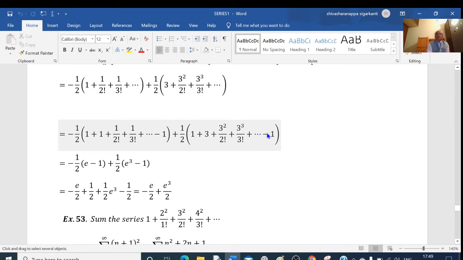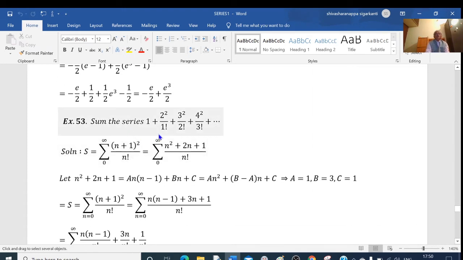This becomes e cube minus 1. So minus 1 by 2 into e minus 1 plus 1 by 2 into e cube minus 1. This is minus e by 2, minus into minus plus 1 by 2 plus e cube by 2 minus 1 by 2. So plus 1 by 2 minus 1 by 2 gets cancelled. So the sum is minus e by 2 plus e cube divided by 2. Next example.